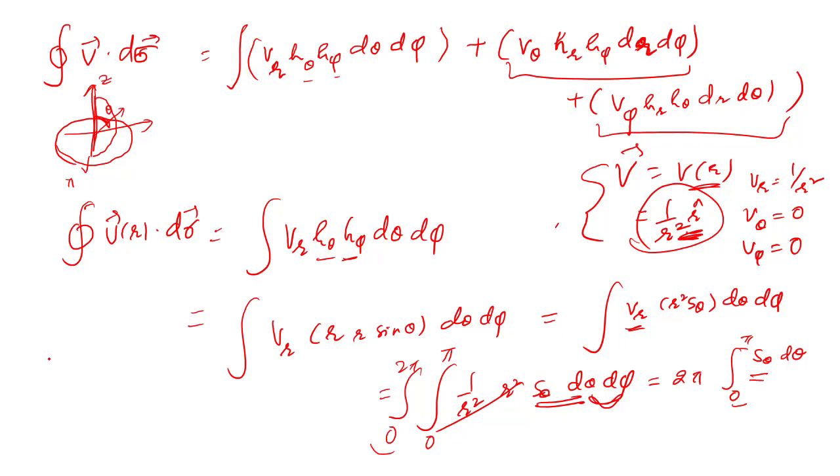So you would get another factor of 2 from here. So this would overall give you 4 pi.